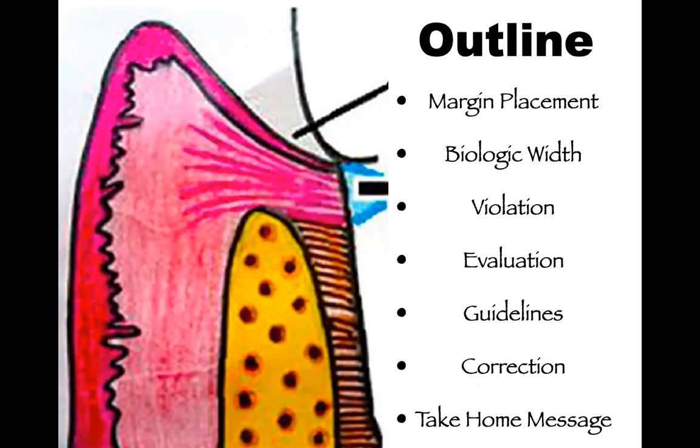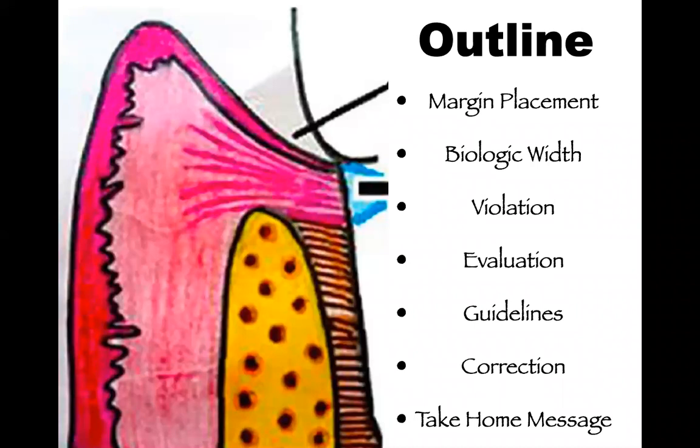So they will teach you in detail about the different variety of margins that we have in prostho. I'm not going to confuse you with the margins that are placed for crown placement in prostho. They will be covering that, but definitely I'll walk you through what these margins are and how they are important to today's topic.